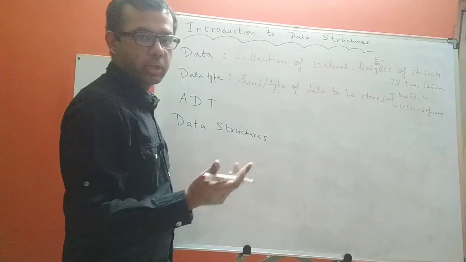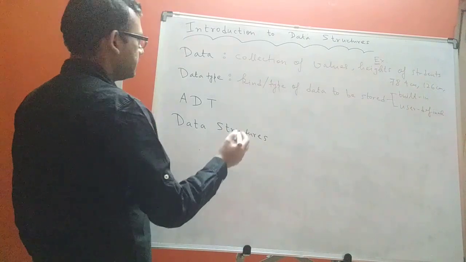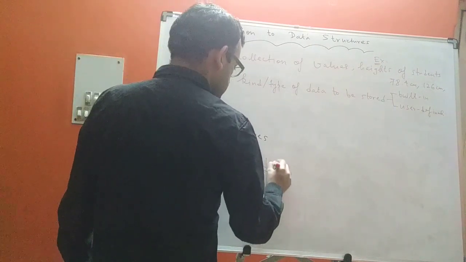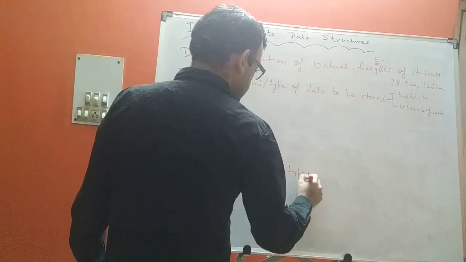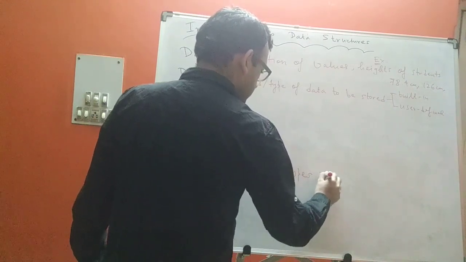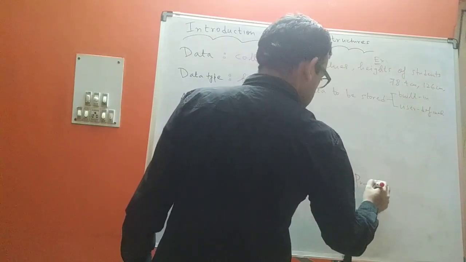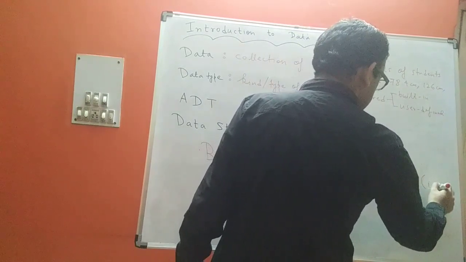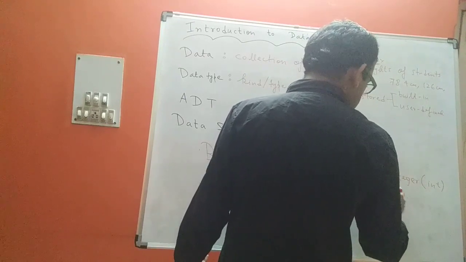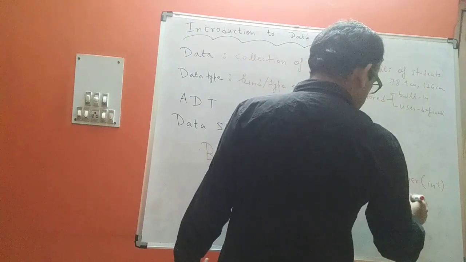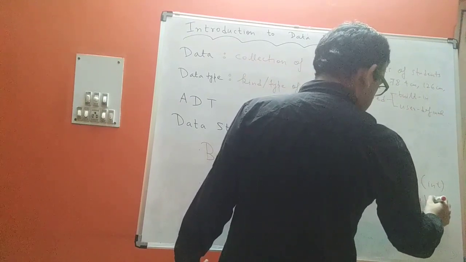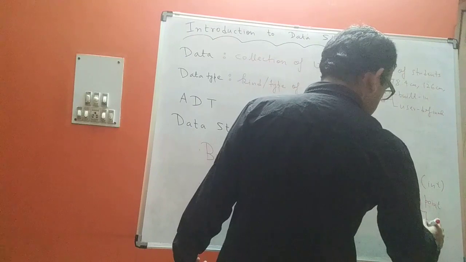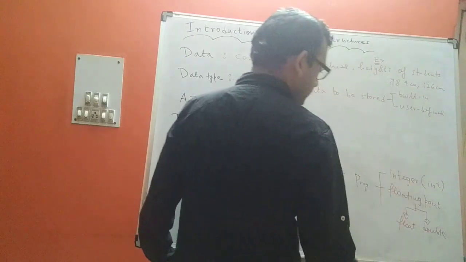So if you talk about the C programming language, the built-in data types in C are integer represented by the keyword int, float, or let's say floating point represented either through float or double keyword.